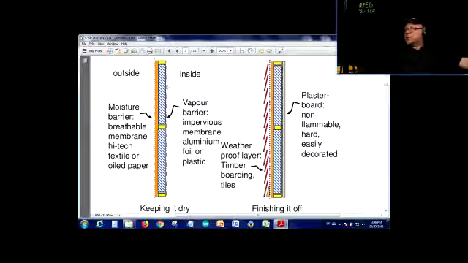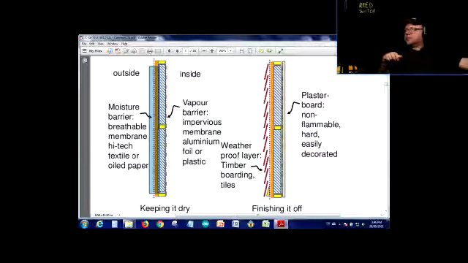So over here, the vapor barrier on the inside is supposed to be unpenetrable. And over here, the moisture barrier is supposed to be sort of breathable. So it's supposed to keep things out, but it has to have a soft side to it. Right? And then you are going to put some siding or whatnot to cover that.